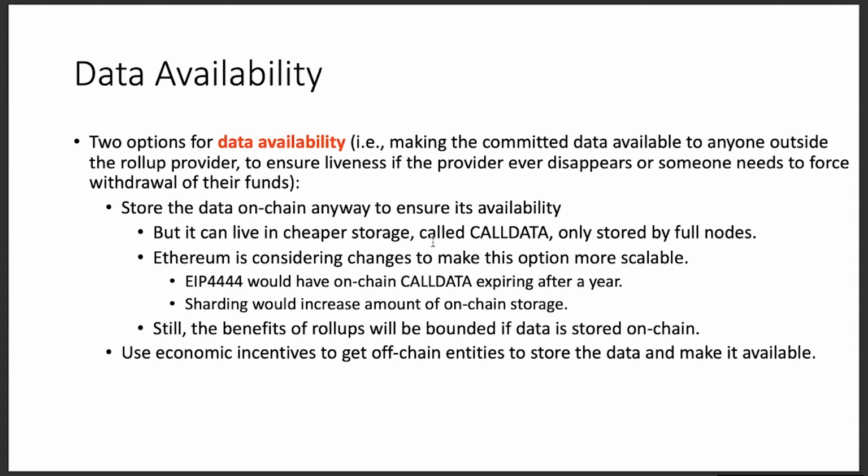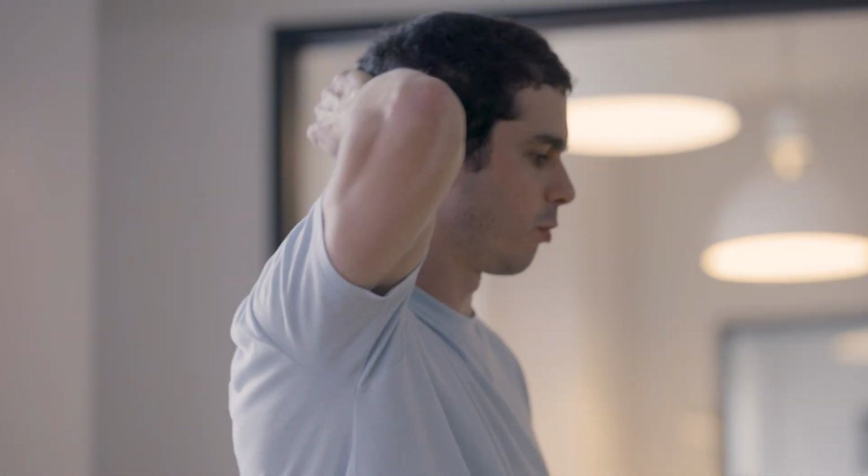Basically, to withdraw your funds, assuming that the rollup has provided a forced withdrawal mechanism, which I think they're all doing, otherwise people maybe wouldn't use them because they'd be worried their funds would get censored and they can't get them out, what you would need to know is your own account balance, which maybe you can just track yourself.